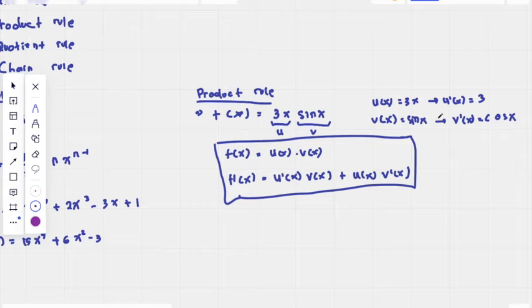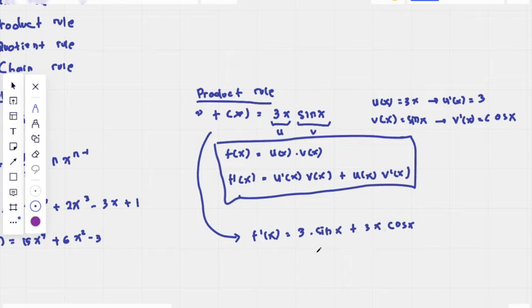Okay, then substitute 3x, sine x, 3 and cos x into this formula. Then the first derivative is u prime of x, or 3, times v(x), sine x, plus u(x), equals 3x, times the first derivative of v, or v prime of x, which is cos x.